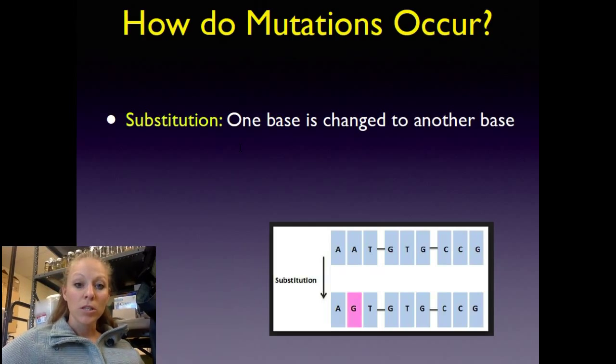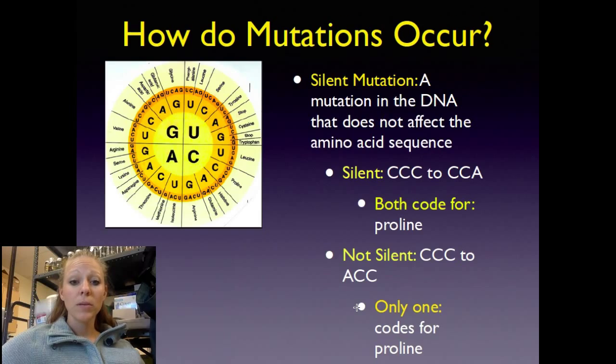One type of mutation that we have out there is called a substitution. If this right here is the original genetic sequence, there was a mistake here and a G was substituted for the A. This is why we call it a substitution. Now this can be no problem, or it could be a problem. Substitutions can be silent.